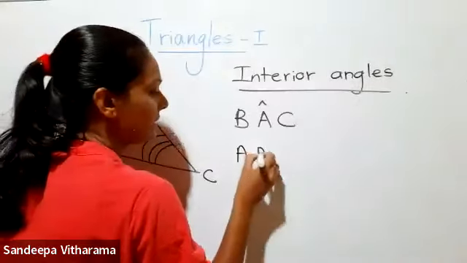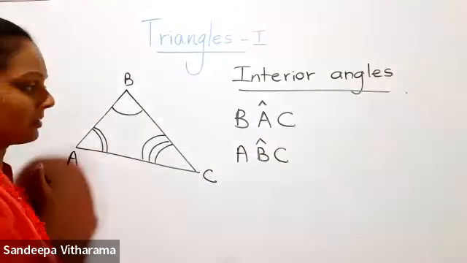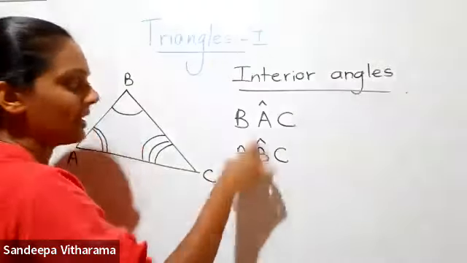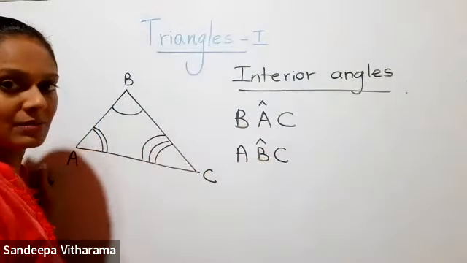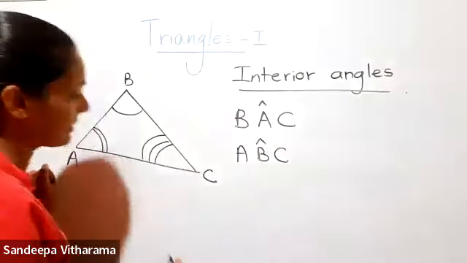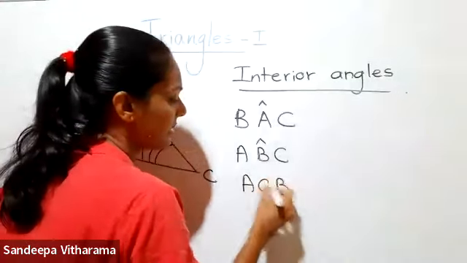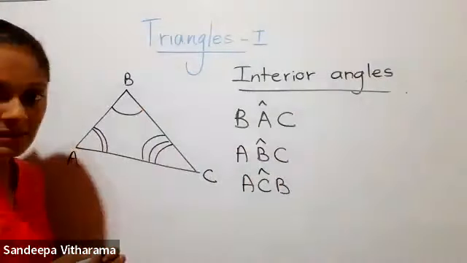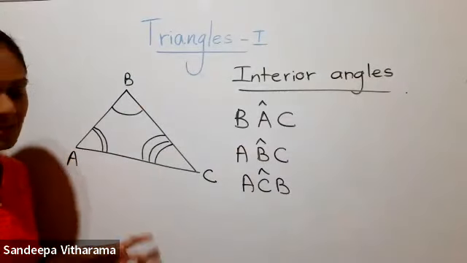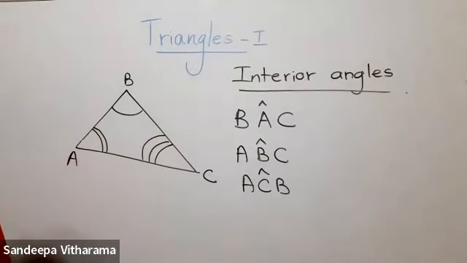After we write the letter of the vertex in the middle, we put a small hat above that to indicate it is an angle. ACB is an angle. These are the interior angles. First of all, write down. This is very simple. Write down this.